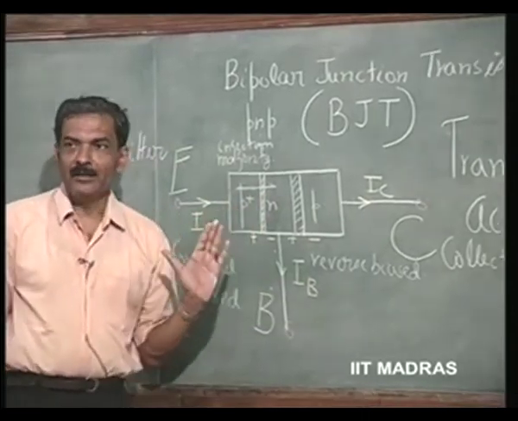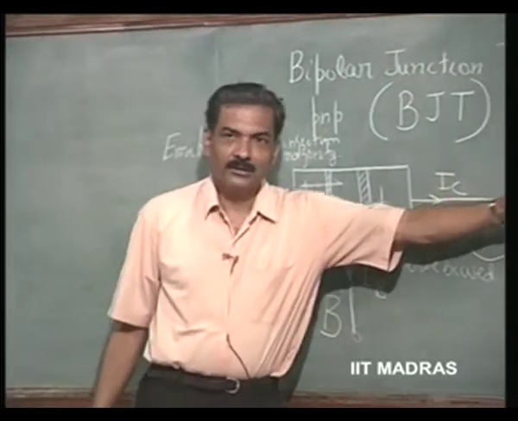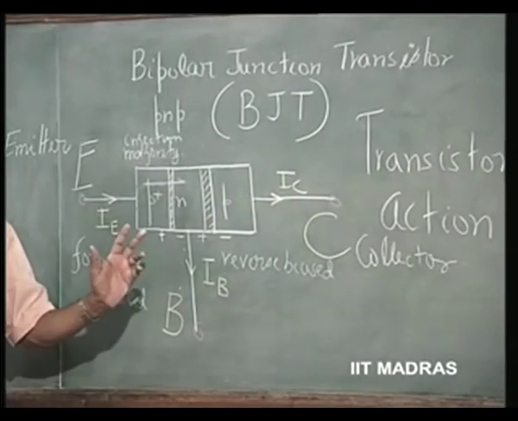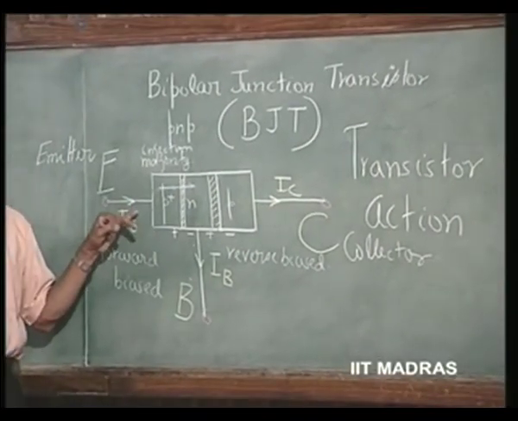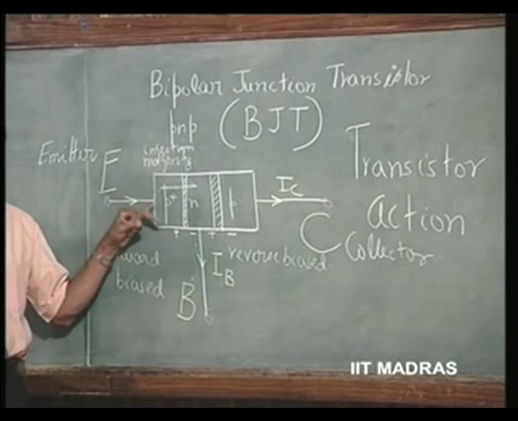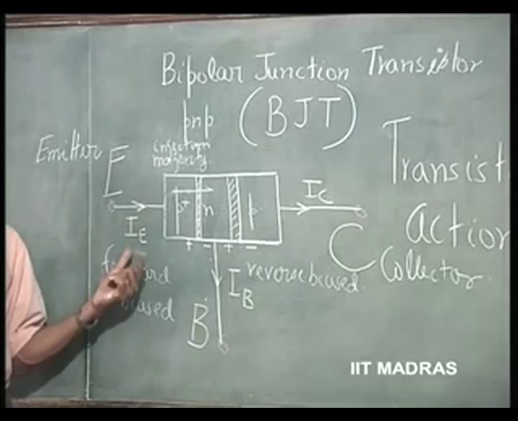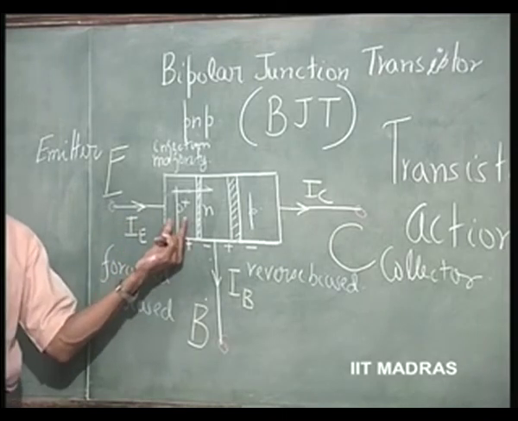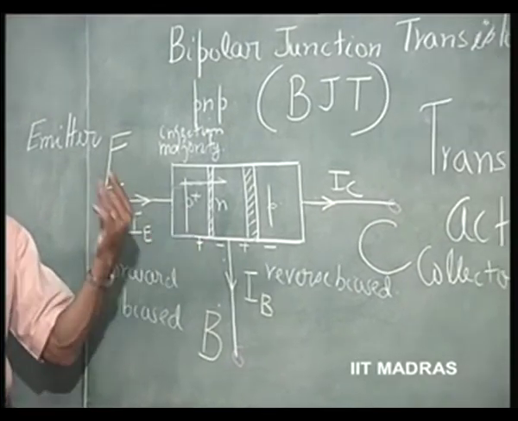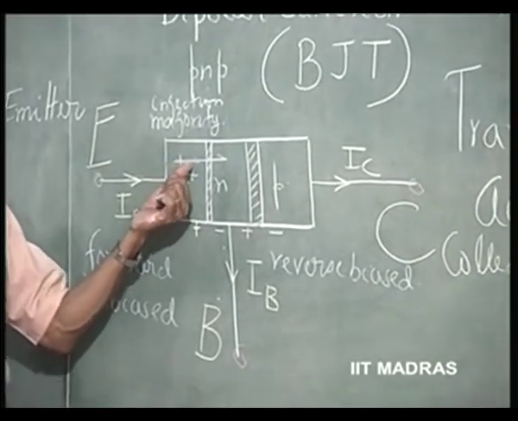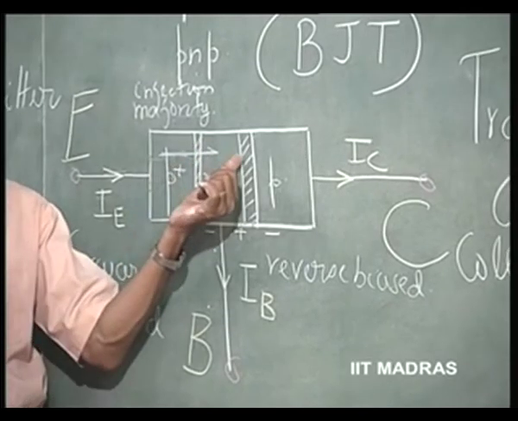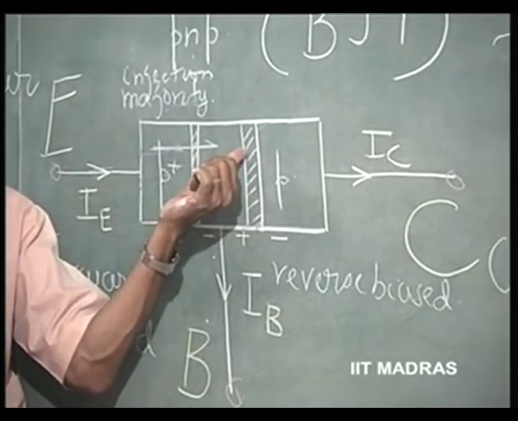So, what is the aim of transistor action? Transistor action is to make as many of the holes as possible on the emitter side constitute the total current. That is done by making the emitter region heavily doped. Then force most of these holes to come over here without recombining.